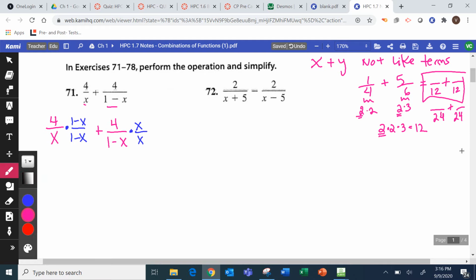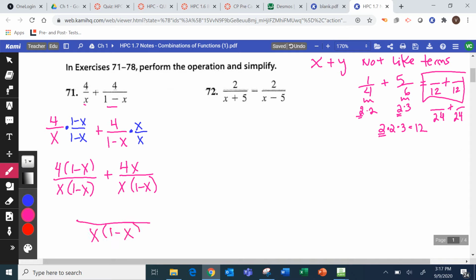So I multiply fractions straight across, and I will get 4 multiplied by 1 minus x over x times 1 minus x, plus 4 times x over x times 1 minus x. Now we have a common denominator, so since the denominators are the same, I can add the numerators.